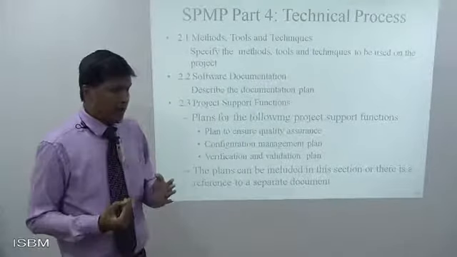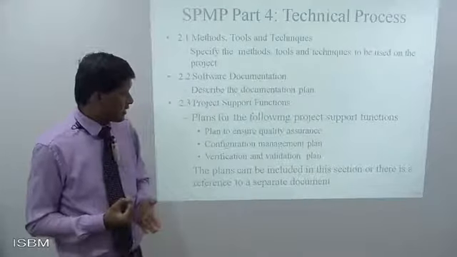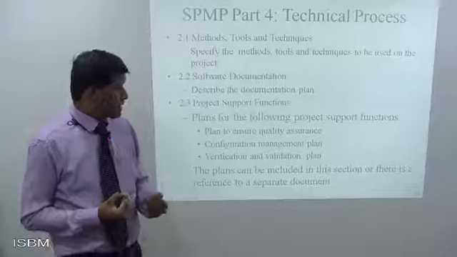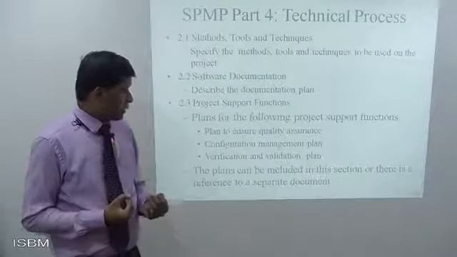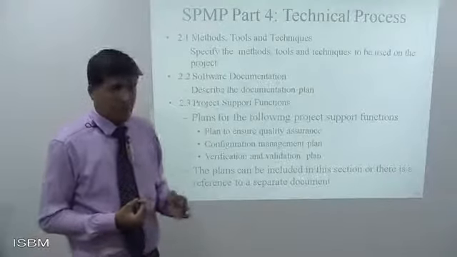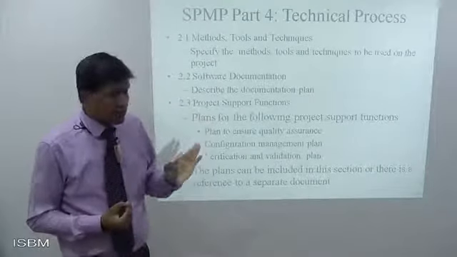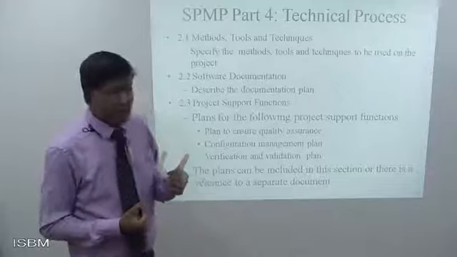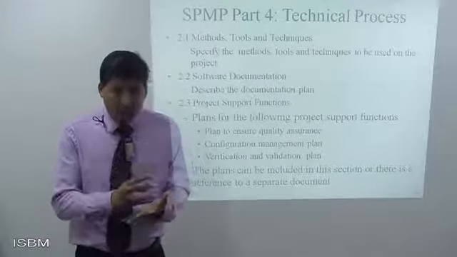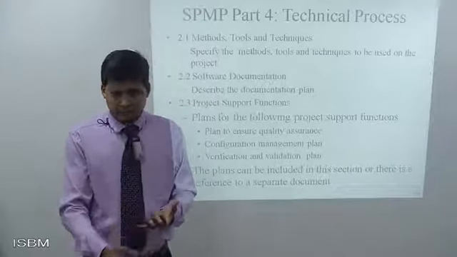So in terms of plan to ensure quality assurance, configuration management plan, verification validation plan. The plans can be included in this section, or there is a reference to a separate document. So we will have all these functions going on together when it comes to technical process. And technical process, they say, is the heart of any technical project.